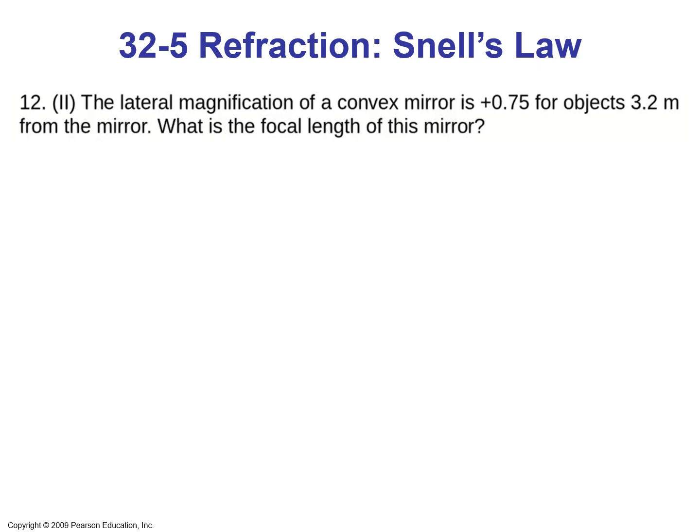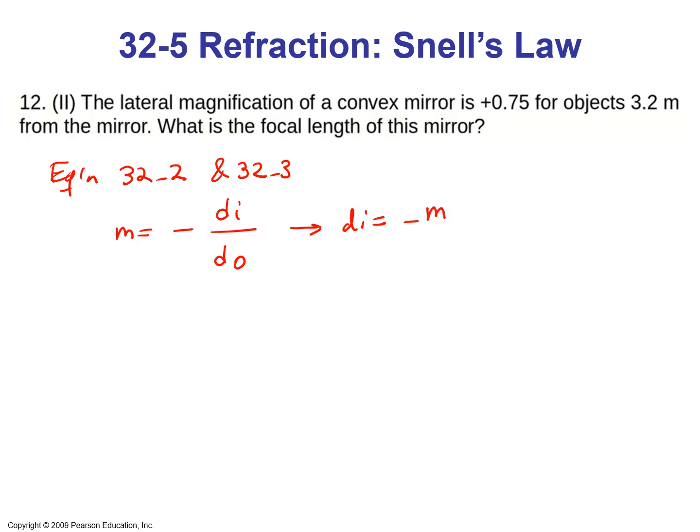To solve this problem, we use equation 32-2 and 32-3 for magnification as minus the distance of the image divided by the distance of the object, and solve it for the distance of the image, which is equal to minus magnification times the distance of the object. Also, we have a relation: 1 over the distance of the object plus 1 over the distance of the image is equal to 1 over the focal length.